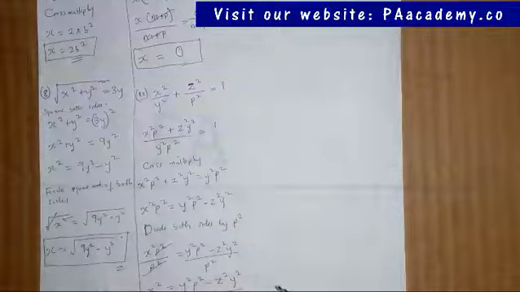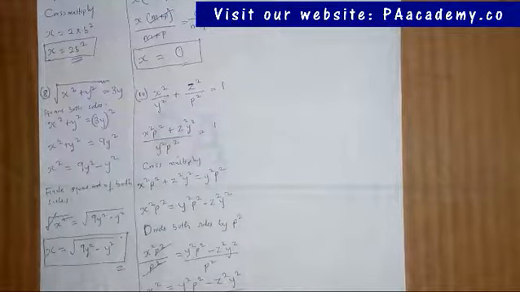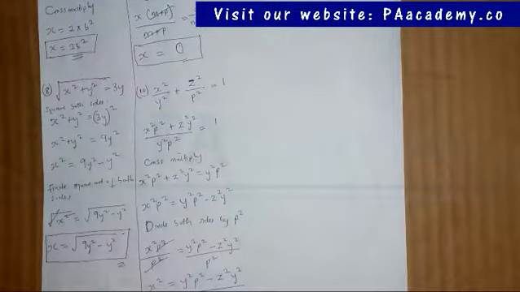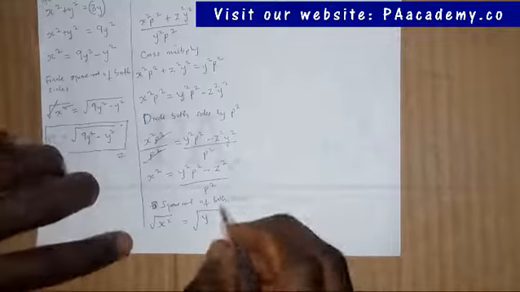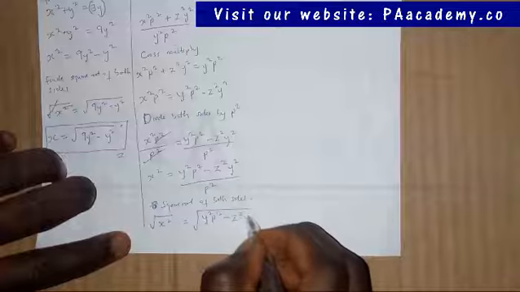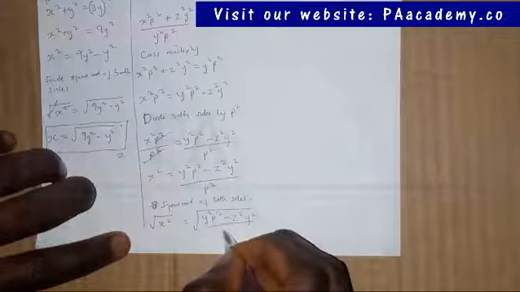So at this stage now, we find the square root. So let me just write square root of both sides. So that will be square root of x square equals to square root of the y square p square minus z square y square over p square.